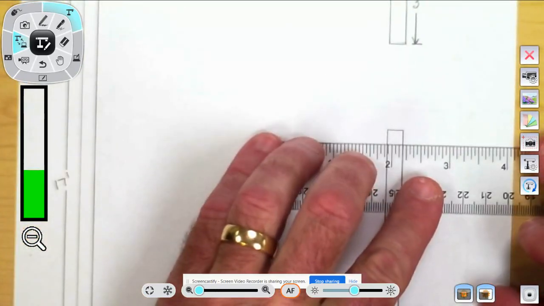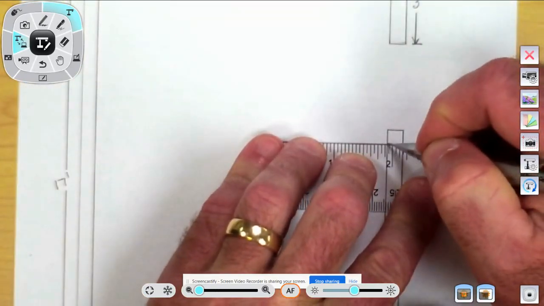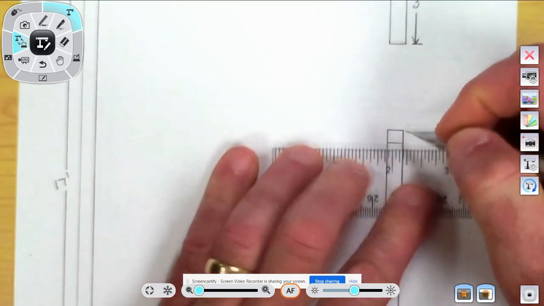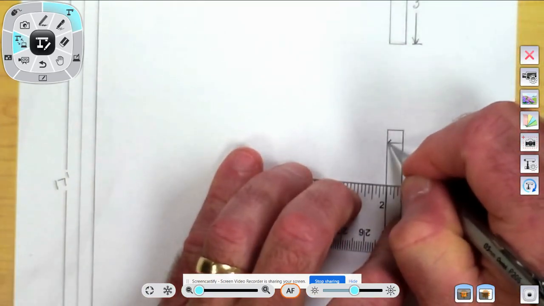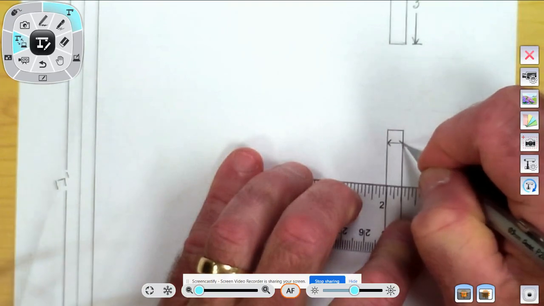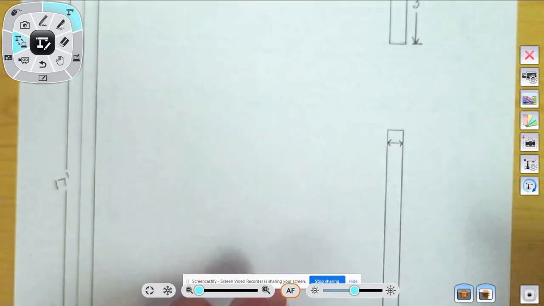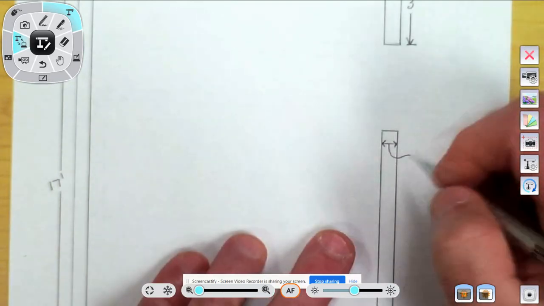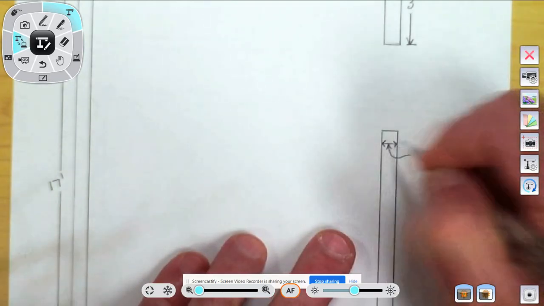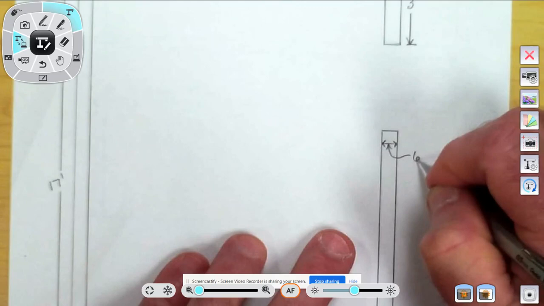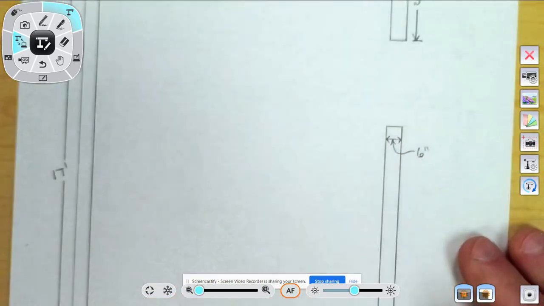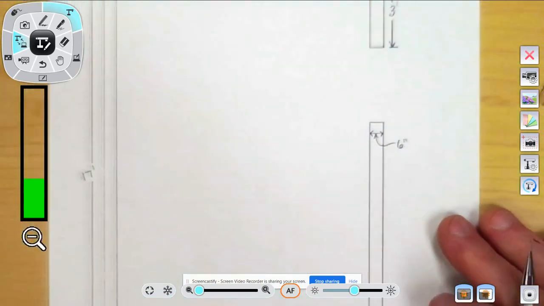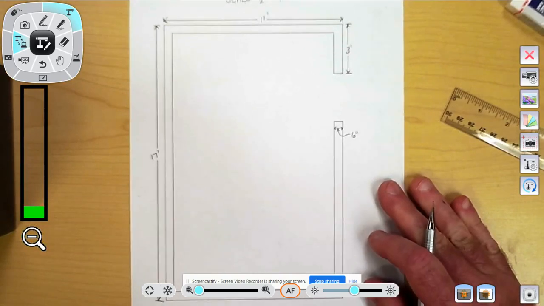I could draw a little tiny dimension line in here like this, put a little tiny arrow and a little tiny arrow. All right. And I could just do a little call out with an arrow and put 6 inches.